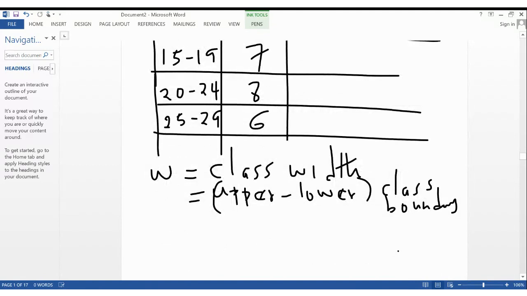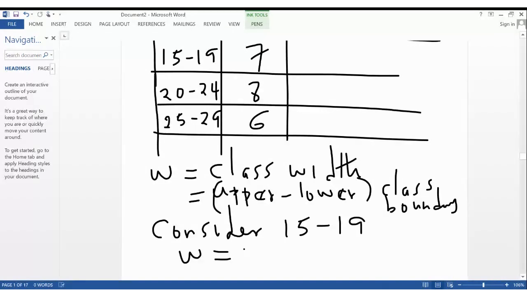So let's consider this class, 15 to 19. The upper class boundary for this one will be 19.5. The lower class boundary, the value between 14 and 15, is 14.5. We shall get a 5. That's how you calculate the class width. So the class width is not 19 minus 15, which is 4, but it is 5.